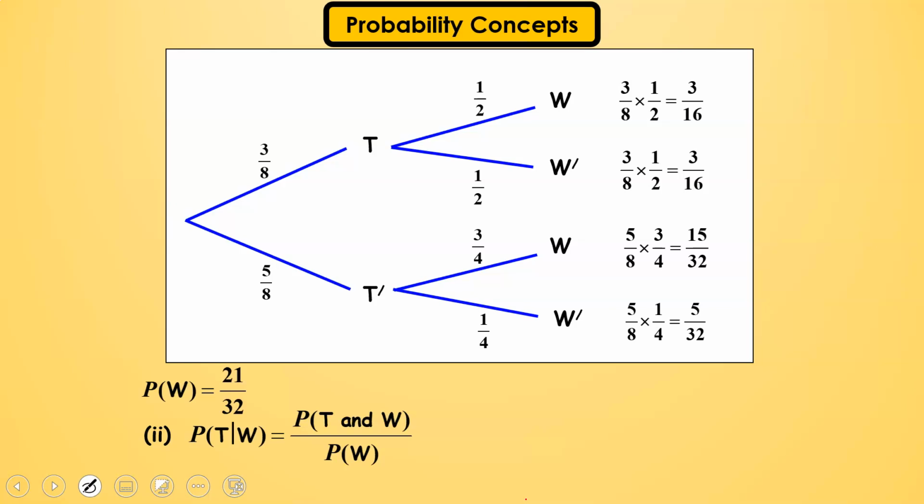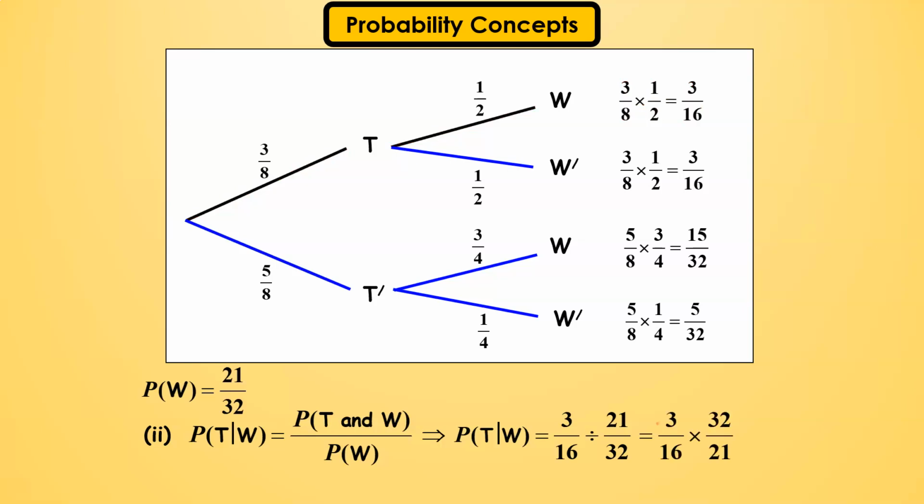So the probability that the temperature is over 28 and the player wins is that top branch, which is 3/16, divided by the value we got in the previous part, which is 21 over 32, which gives us our final answer of 2/7.